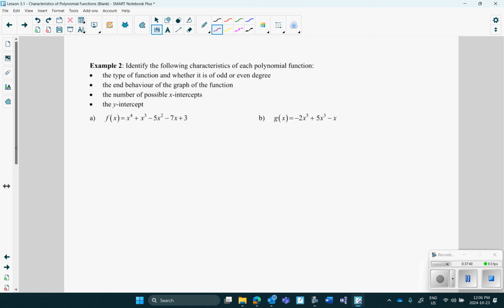So this one, what type? Odd or even? Even. End behavior. And notice I go from left to right. Up and up. Up into Q2.